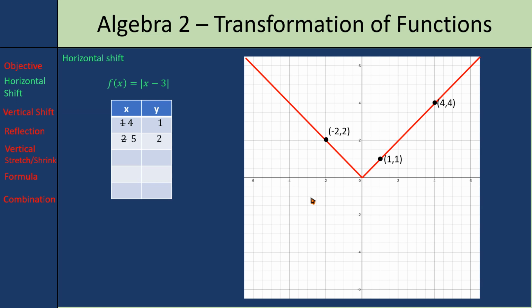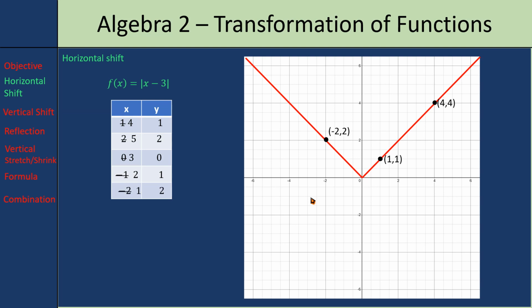Same thing, if I want to keep my y at 2, I need 5 for x. 5 minus 3 is 2. Absolute value of 2 is still 2. If I wanted 0 for y, I need to put 3 in. 3 minus 3 is 0. If I wanted 1, then I put 2 in. 2 minus 3 is negative 1. Absolute value of negative 1 is 1, and so on.